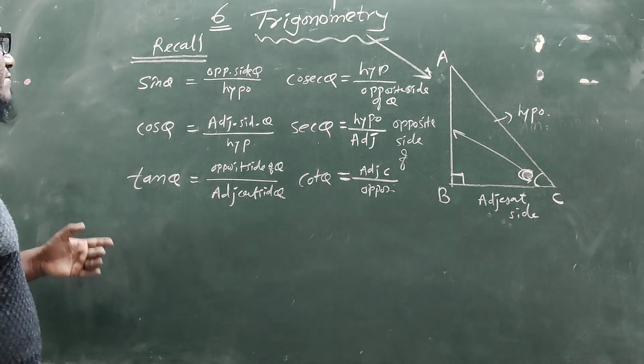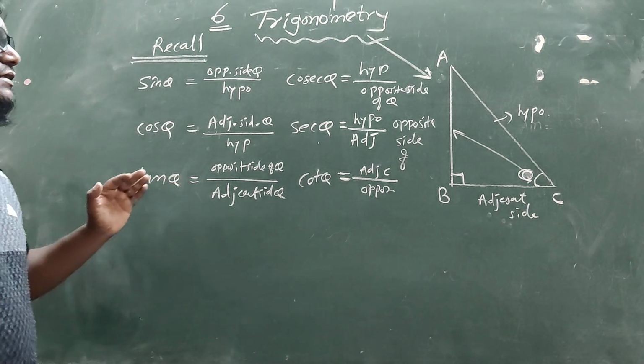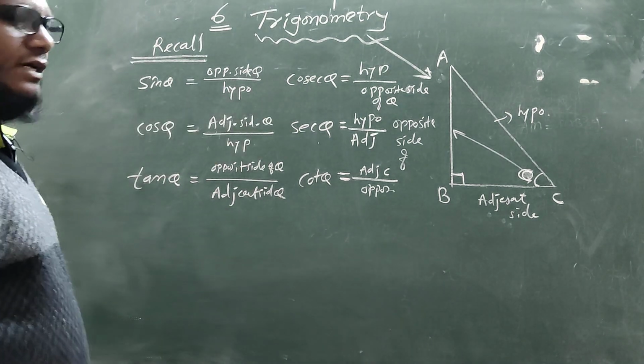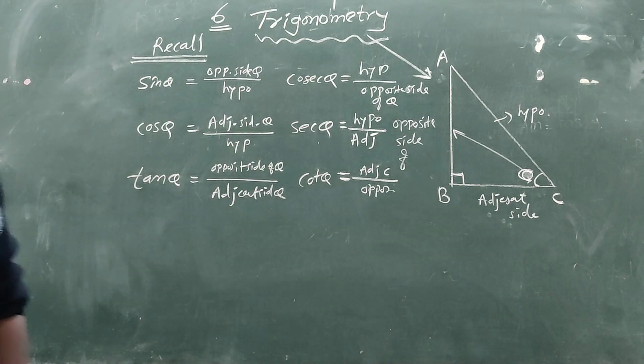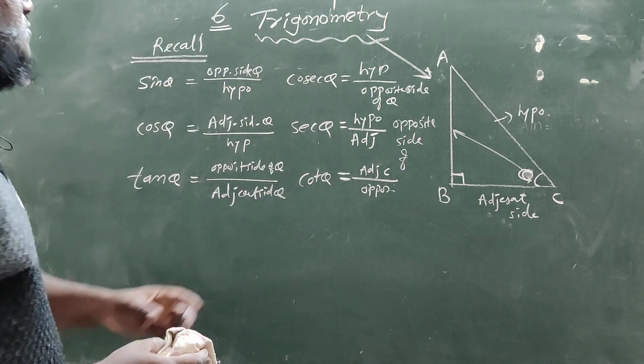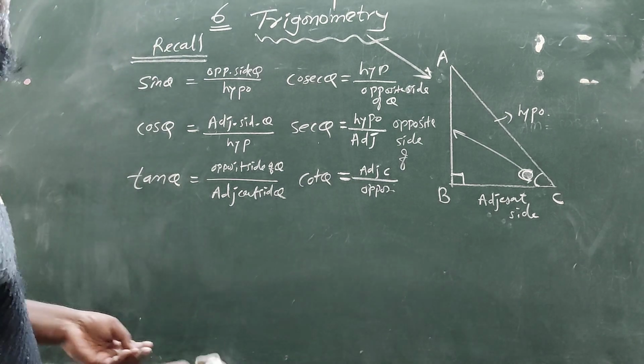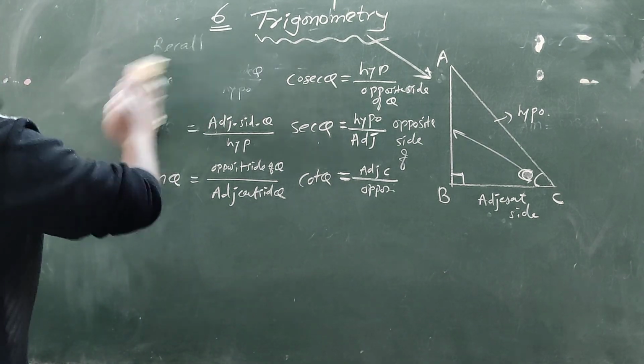Similarly, we can solve the examples regarding these trigonometric ratios. Now, I will give you some formulas to learn, and then we will start the exercises to solve the examples.